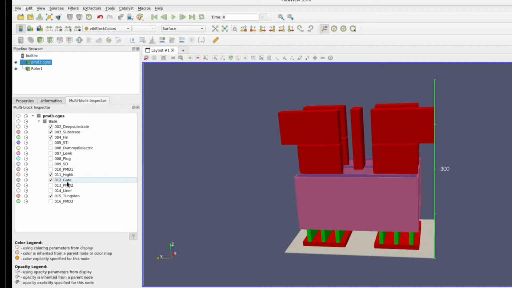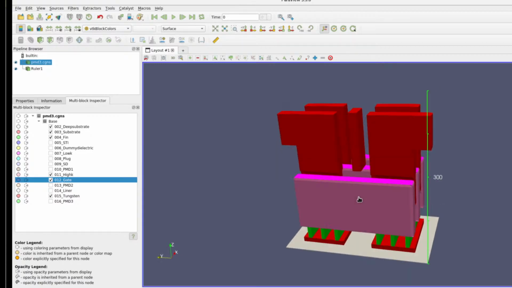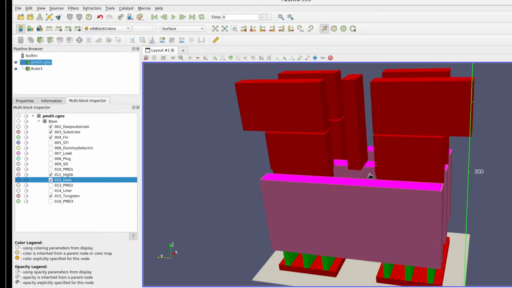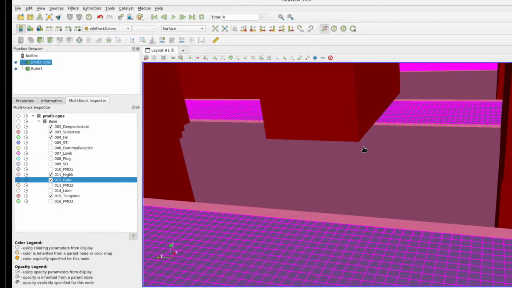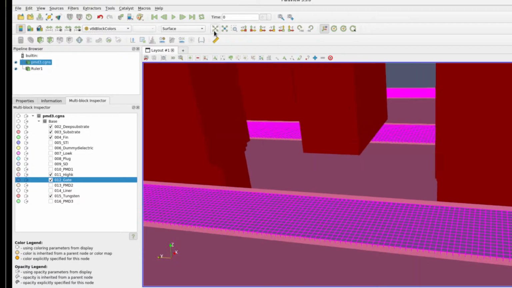As you can see, this central local interconnect is directly connected to this gate.